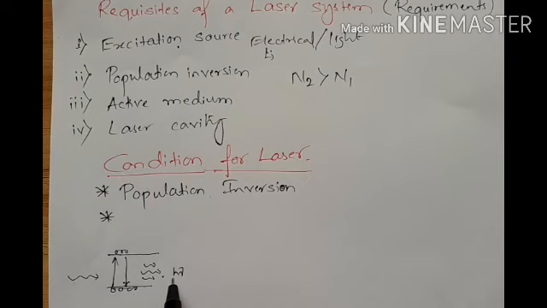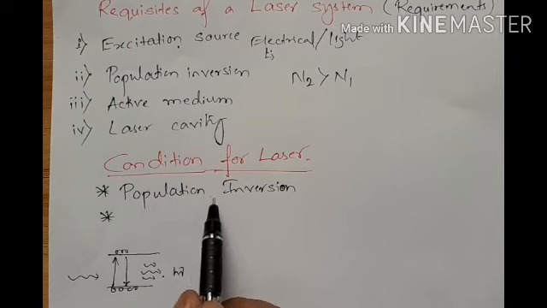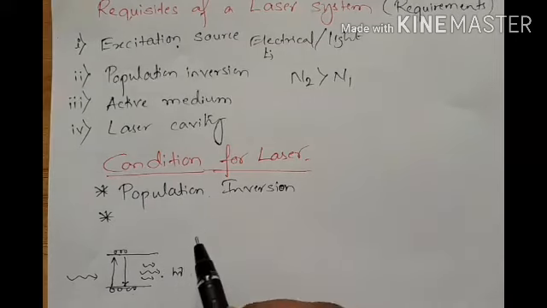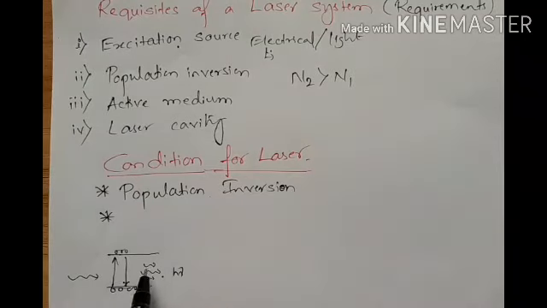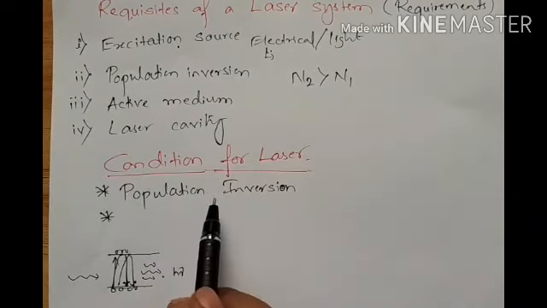So what should be achieved? We should achieve the population inversion. In some cases it will not be achieved, if the atoms are simply going to the higher state and coming back. By this action we will not achieve the population inversion.